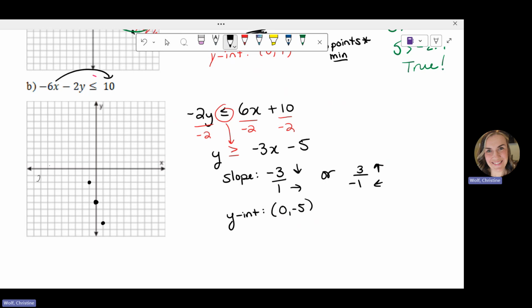You could stop there, but just remember that when we're drawing our line, we want to split our graph into 2 portions, either above or below. So if we just stopped and connected that, and I went to color above, you technically have to color over here too, because this line actually continues forever.